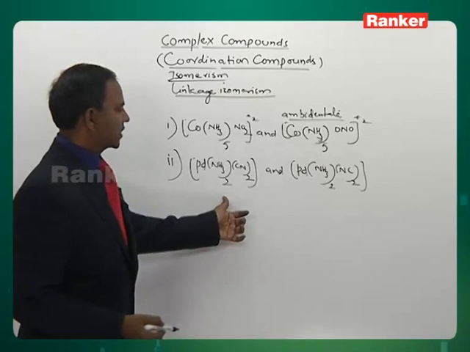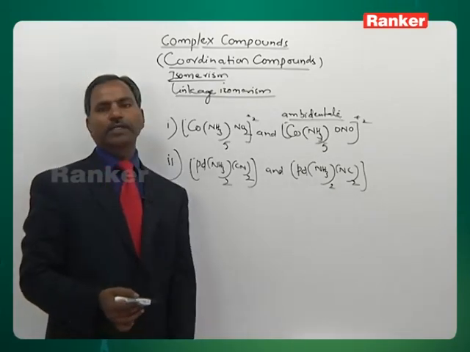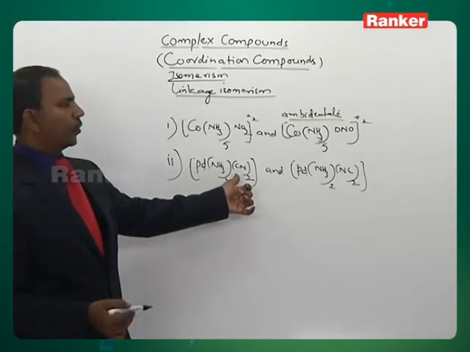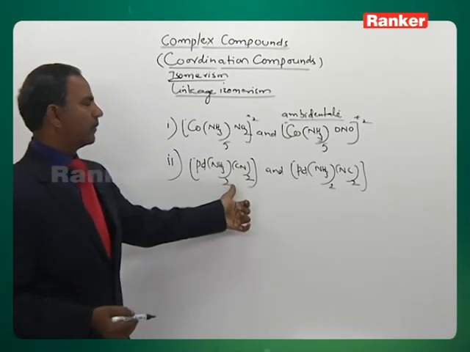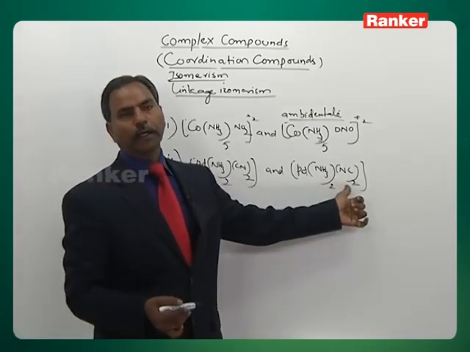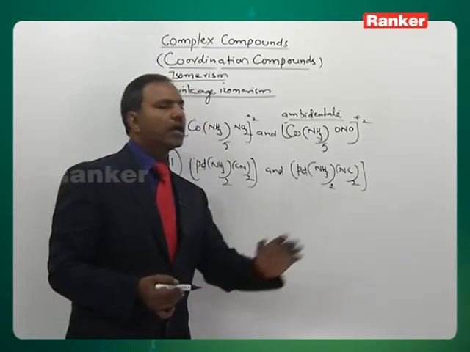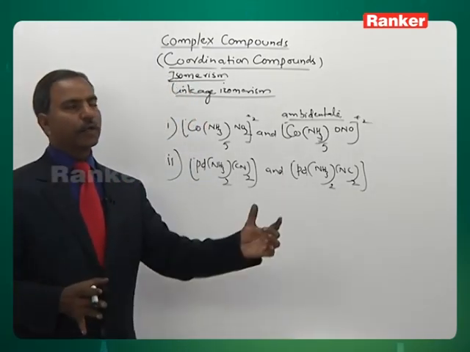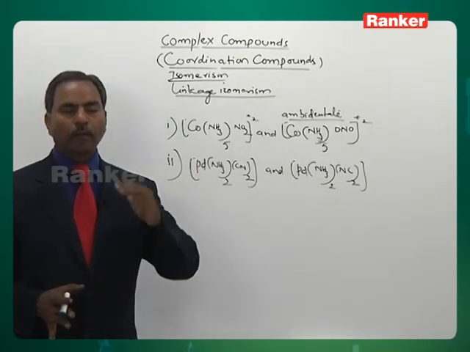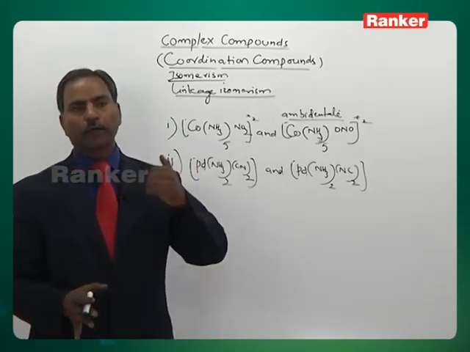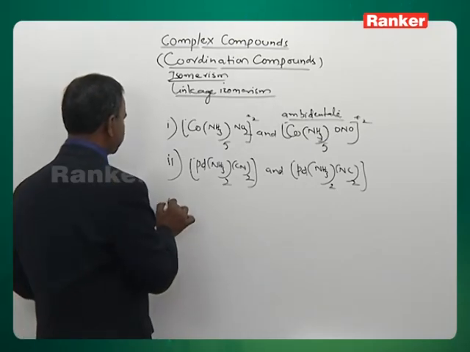See, one is a cyano complex, another one is isocyano. Here it is linked to the palladium through the carbon atom, and here through the nitrogen atom. So the difference in the complexes is only due to the linkage of the ligand through different donor atoms.